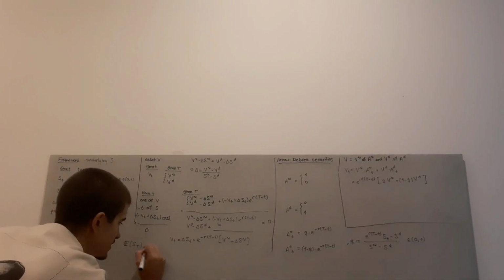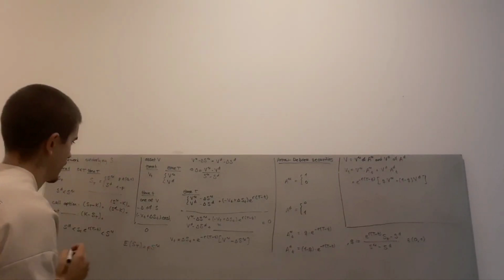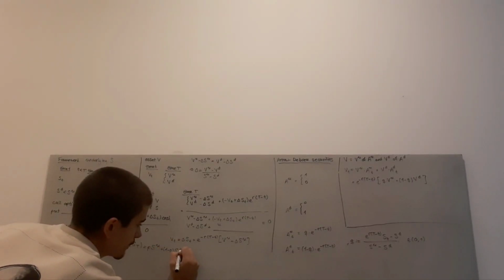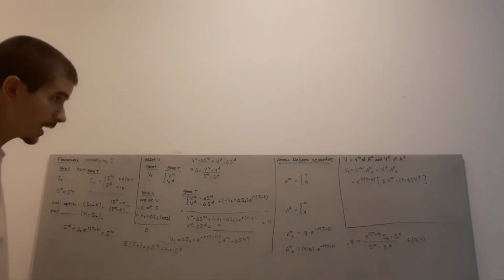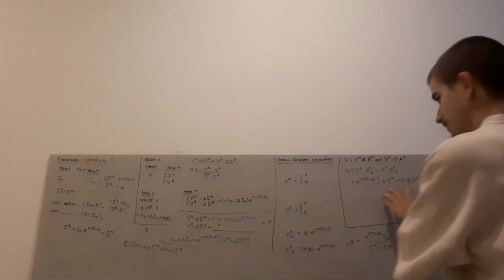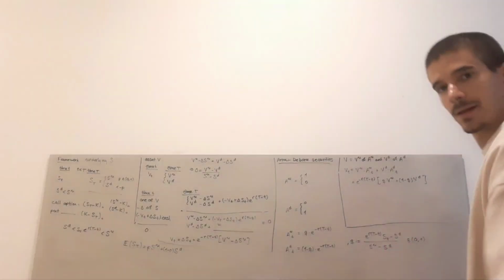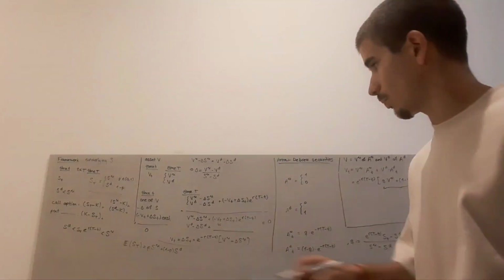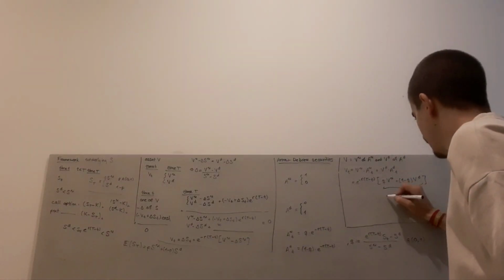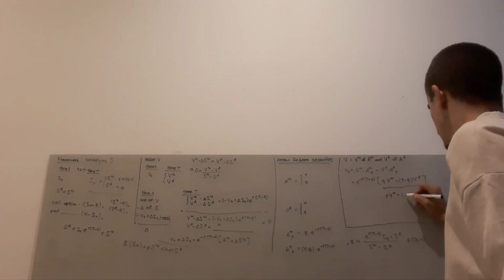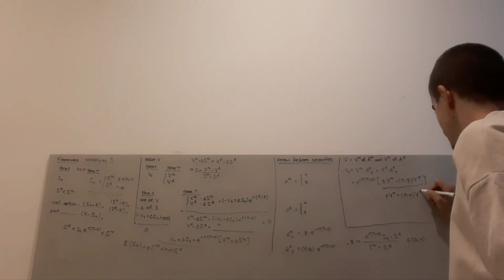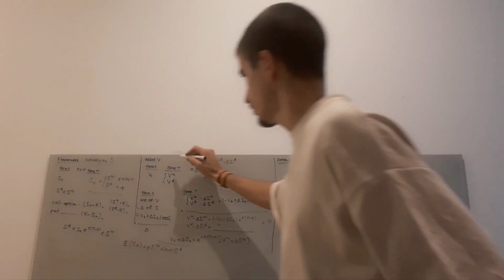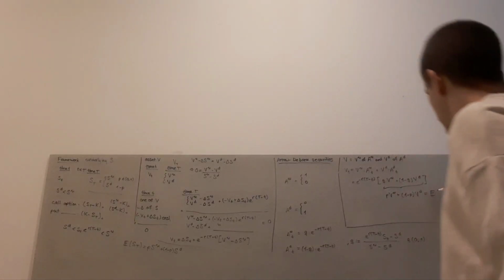Which is going to be p times SU plus (1 minus p) SD. This greatly resembles this thing here. This is saying that if instead of q we had p VU plus (1 minus p) VD, this would be the expected value of the payoff of V at time T.